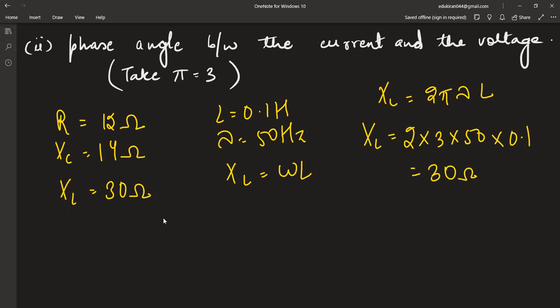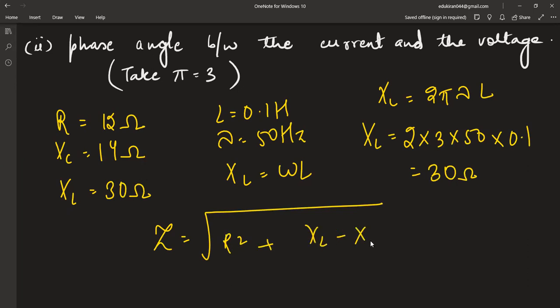Now XL is given. Now the question is not difficult. To calculate Z, we have R square plus, XL is greater, so XL minus XC whole square you will take.